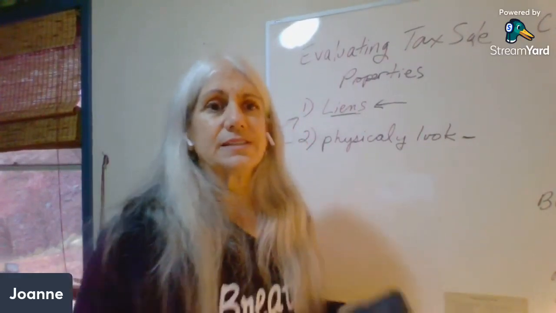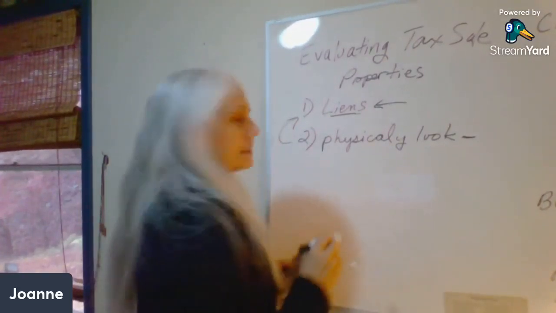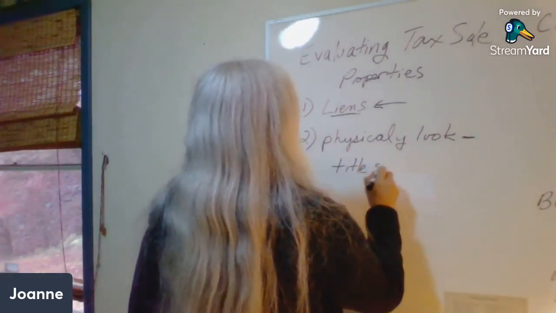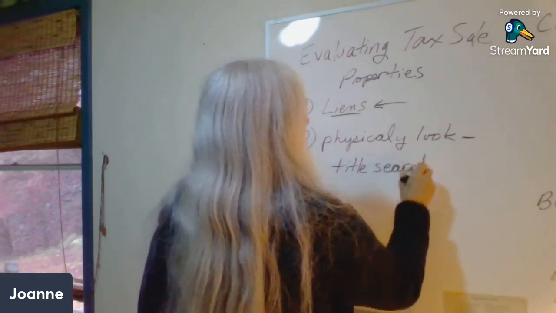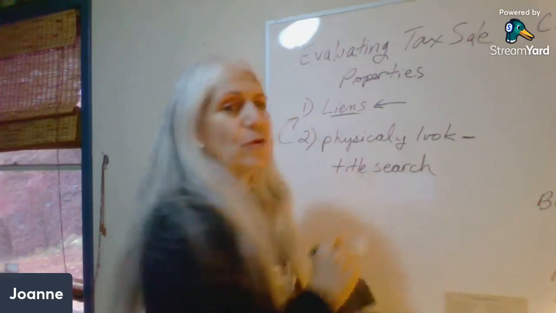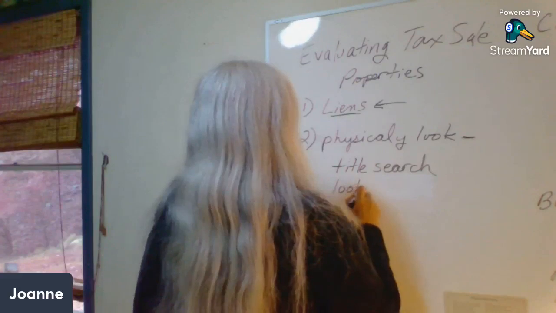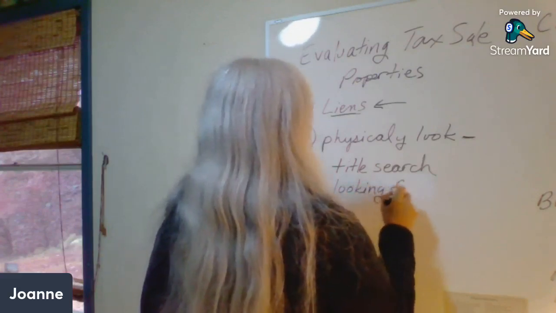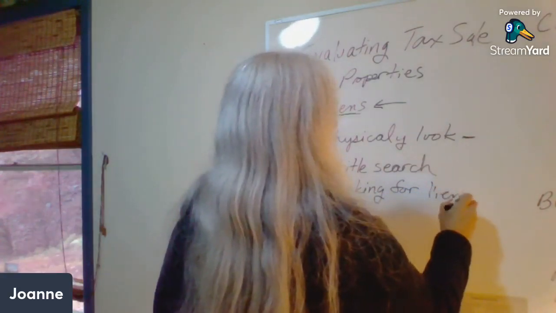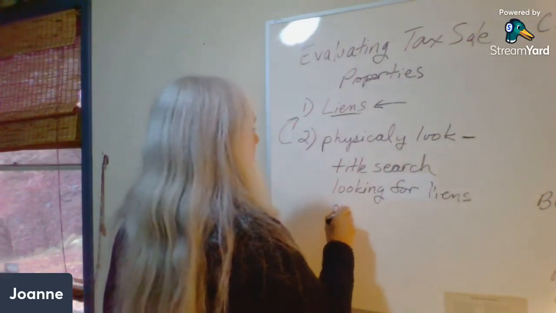All right, for deeds, you want to do a title search. And you're not going to pay for somebody to do a title search. You're just going to search the title on your own. What you're looking for is other liens and judgments on the property, and you're searching on the owner's name.